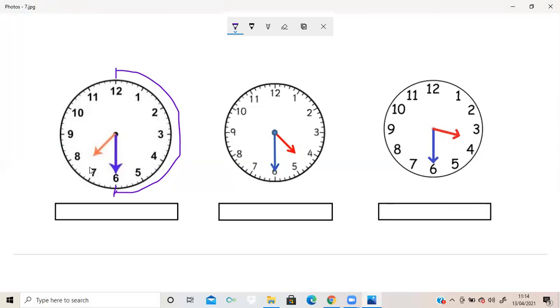It is between 7 and 8, in the middle of 7 and 8. That means the time is 7:30. Again, the minute hand is pointing at 6, and the hour hand is between 7 and 8. That's why the time is 7:30.